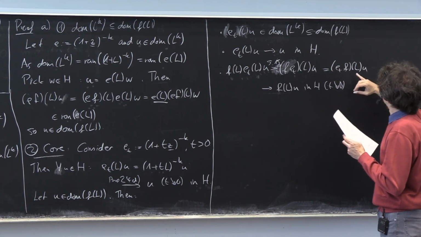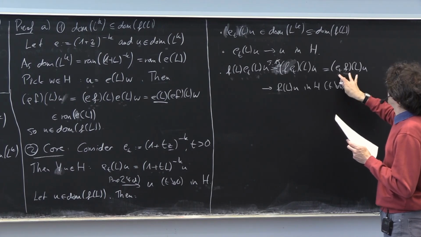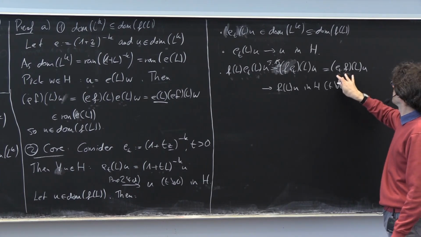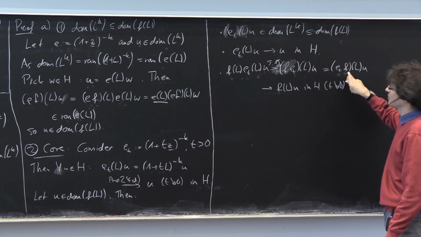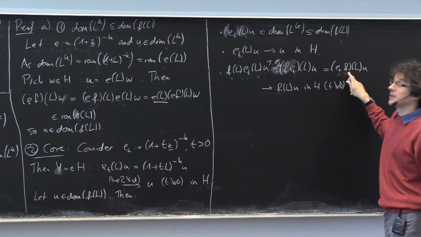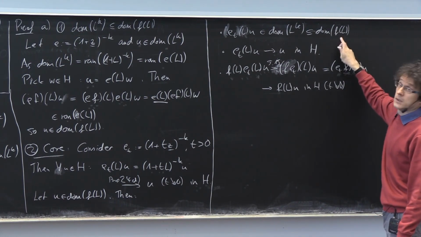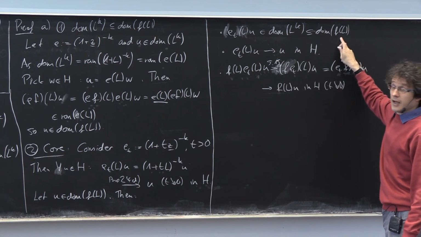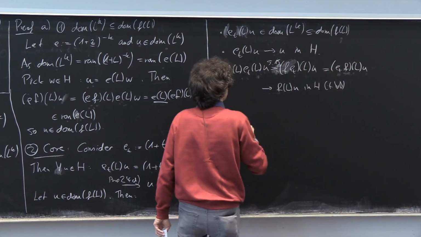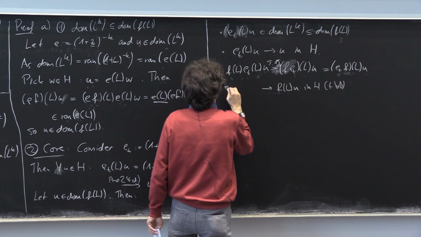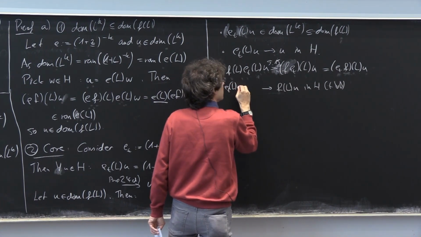And now I want to split this up again, and here is the point to check, because if I split this up, now the right hand side operator is not a bounded one, but I know that u is in the domain of f of L. So I can put it into the product, and this gives Et of L f of Lu.